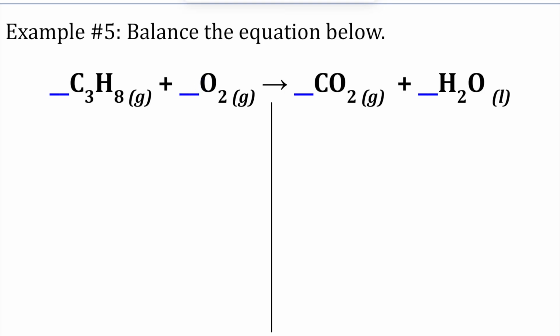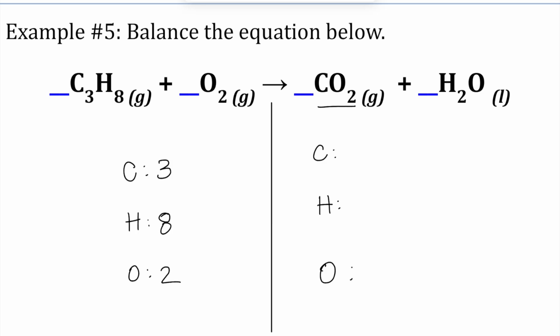And so we've got carbon 3, hydrogen 8, oxygen 2, and then I'm going to have my carbon, hydrogen, oxygen. As I look at this though, I've got my CO2, so I have 1 carbon and 2 oxygens. And then my H2O, I have 2 hydrogens and I have another 1 oxygen there.